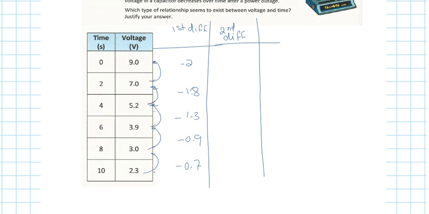So if we do the second difference, we're going to get 0.2, 0.5, 0.4, and then 0.2. What can you tell me about this one? Not constant either, right?